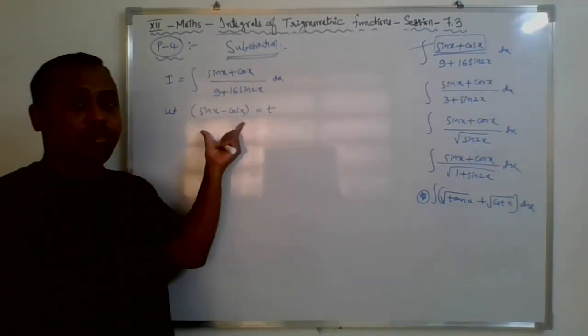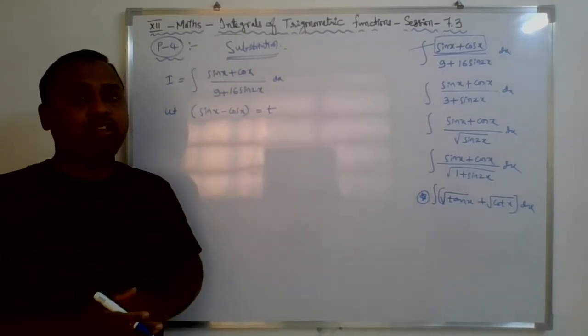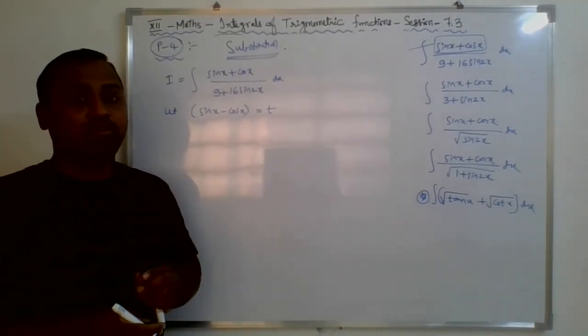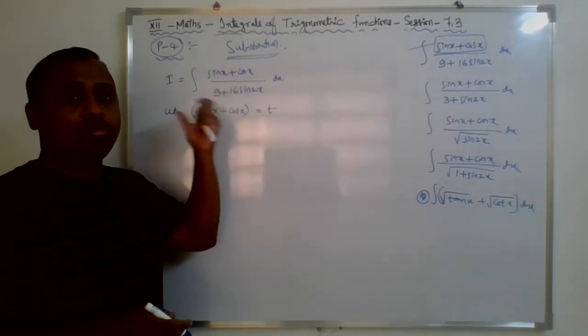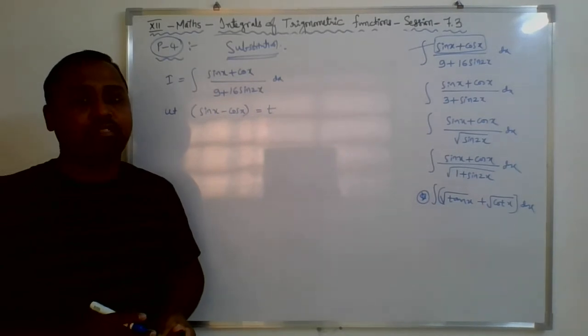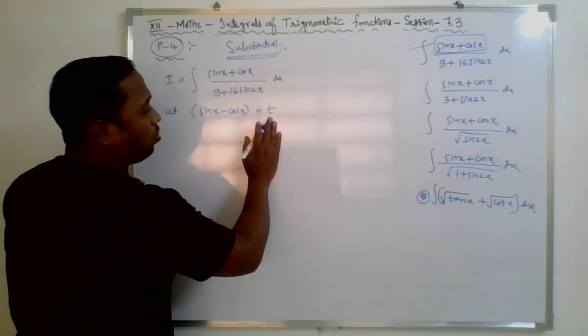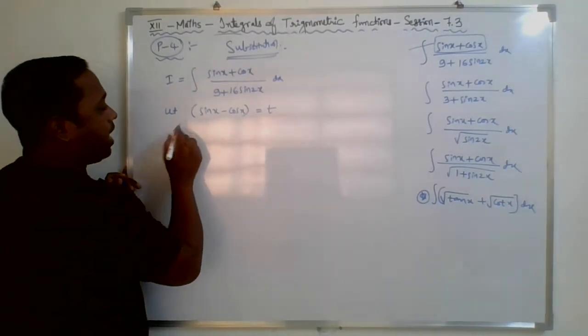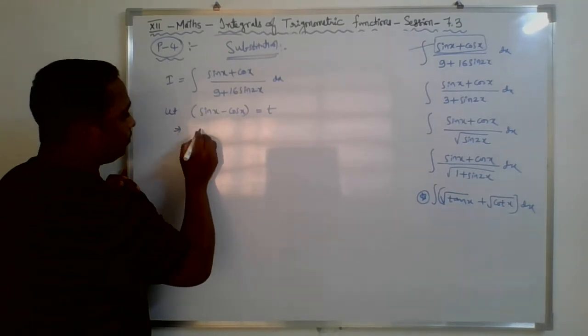Though this factor is not in the function, by observing this pattern you may remember this. If you go with this substitution, the question becomes very simple. We'll see. If I assume sin x minus cos x equal to t and differentiate on both sides, what does it become?